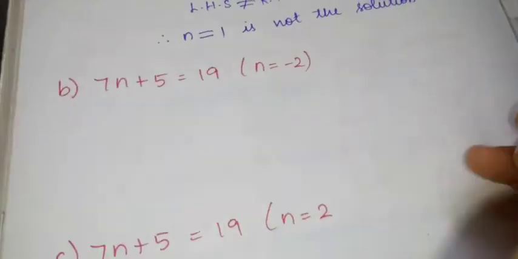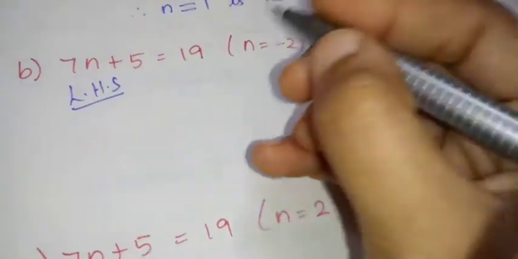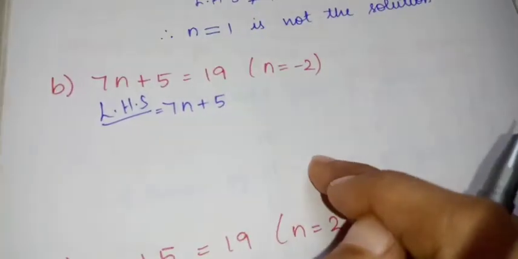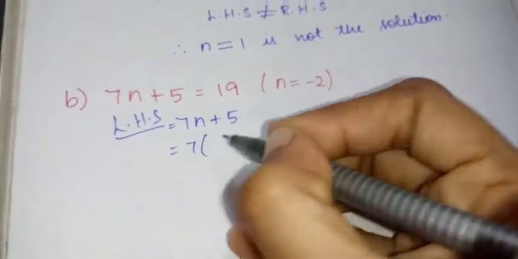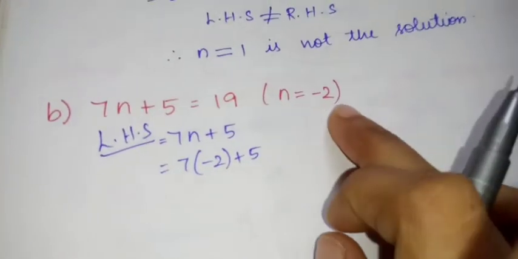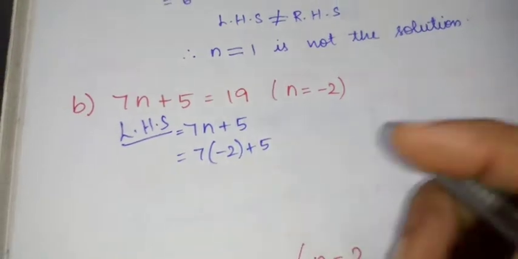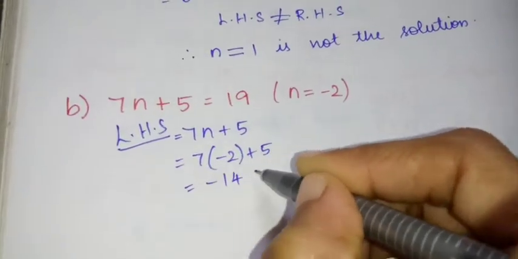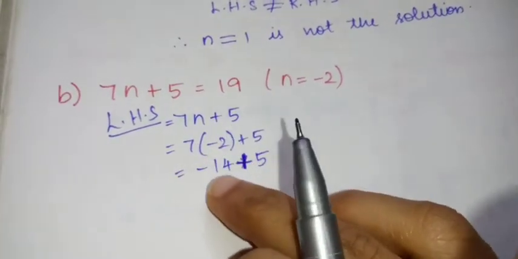I am just writing here. First, what am I taking? LHS. What is the LHS value here? 7n plus 5. You should write equal to, children. LHS is equal to 7n plus 5. What is the n value? Minus 2. 7 into minus 2 plus 5. 7n means 7 into n. 7 2s are 14.